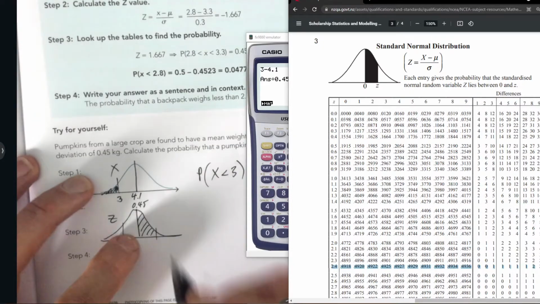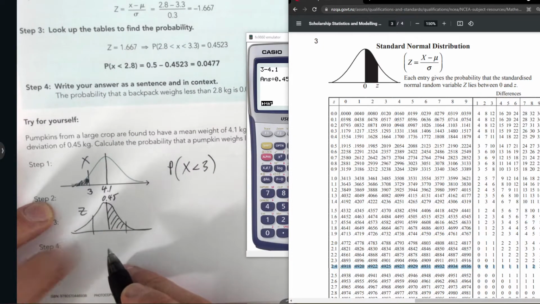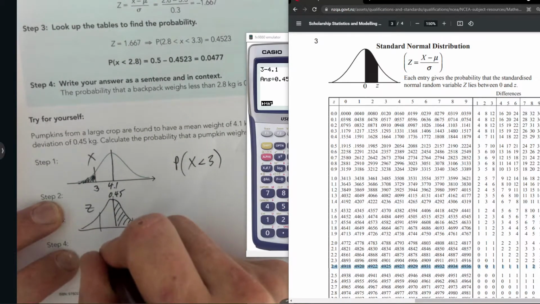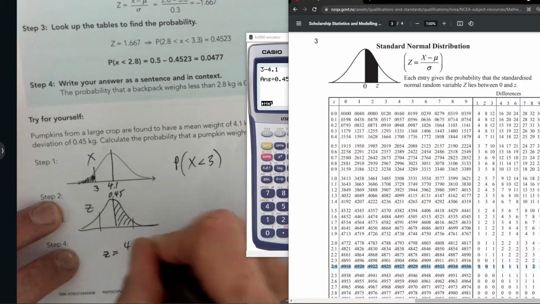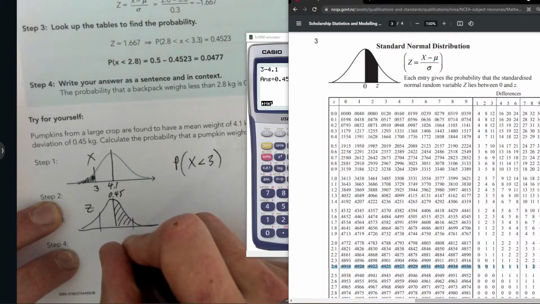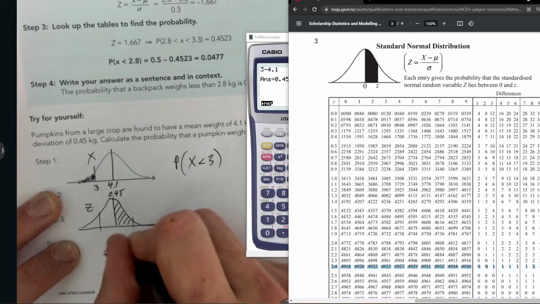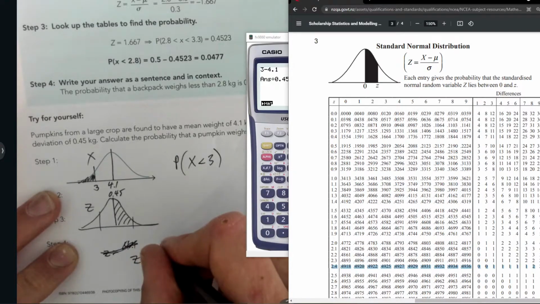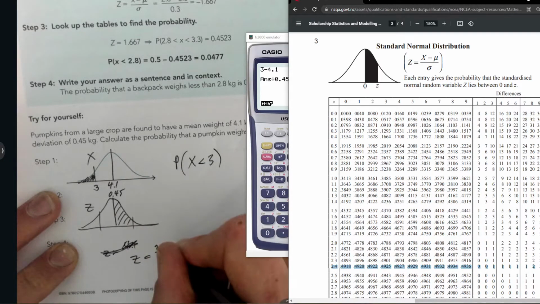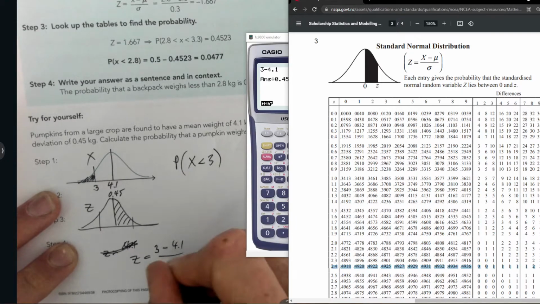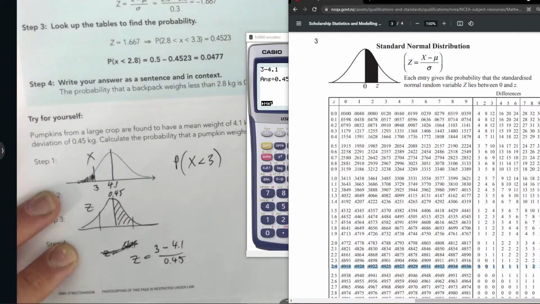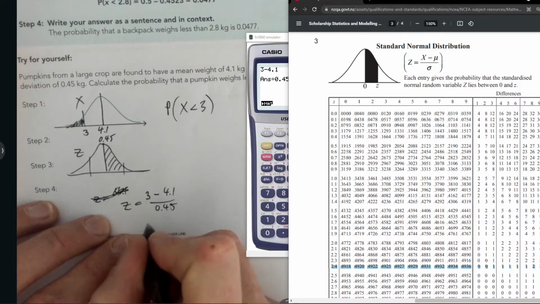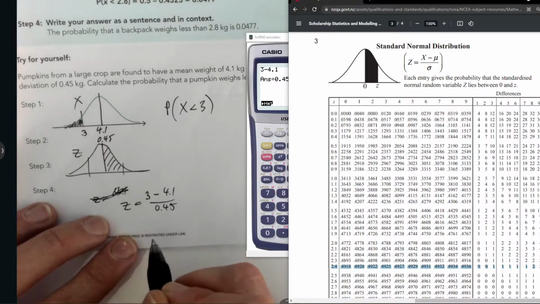I know that it's mirrored, it would be over here. So this is what I'm looking for. Z equals X minus the mean over the standard deviation: 3 minus the mean, 4.1, over the standard deviation, 0.45. 3 minus 4.1 is negative 1.1.